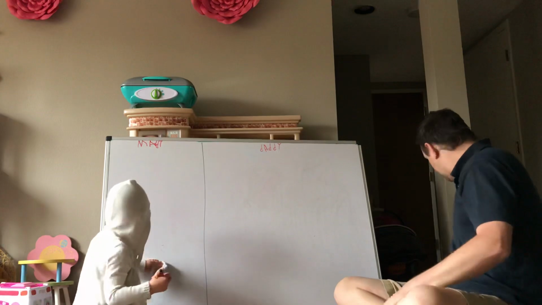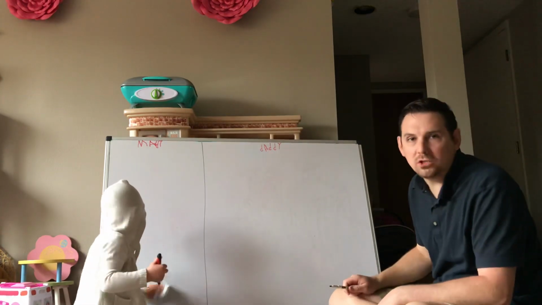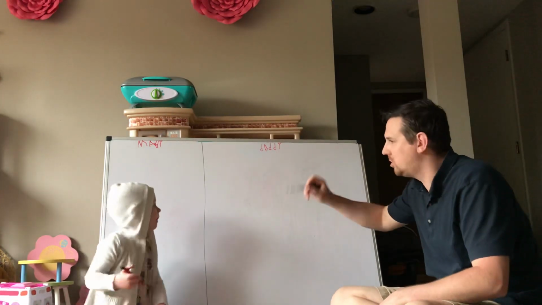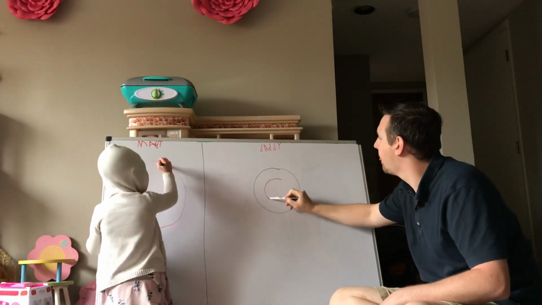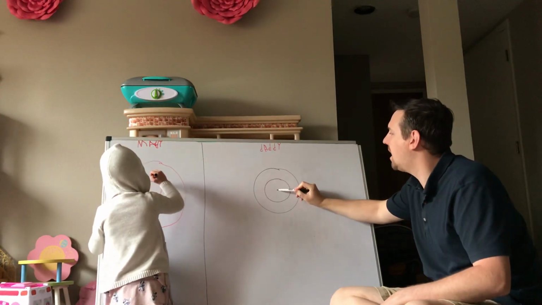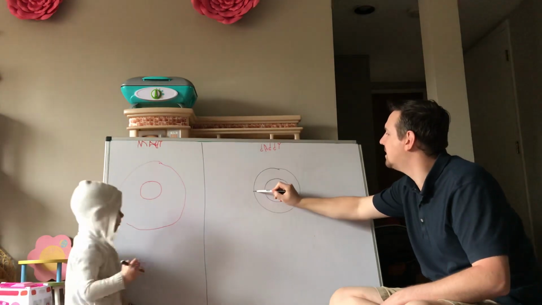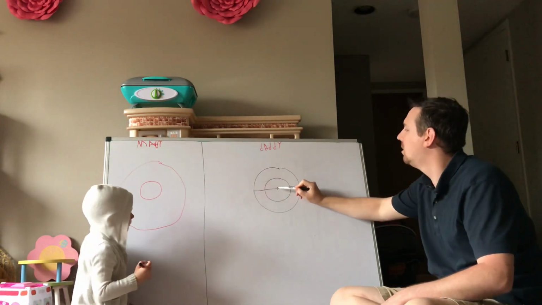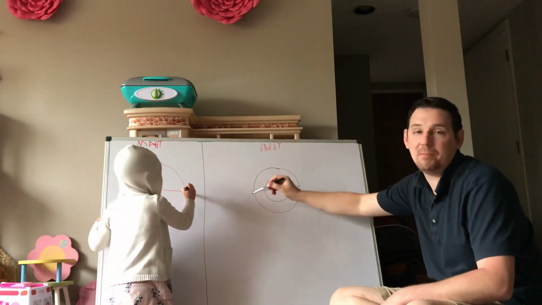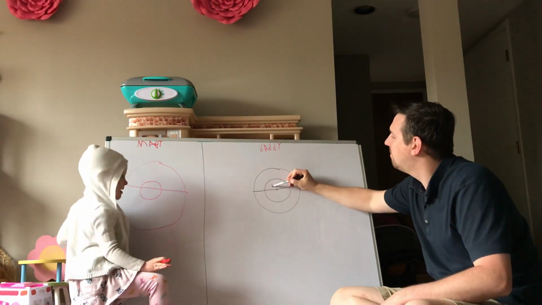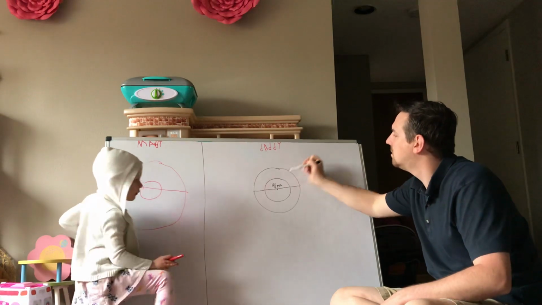Okay. Let's do one more donut one. Maddie, I want you to draw another donut. This time, I'm going to give you a diameter of the entire donut. We're going to say that diameter is 40 millimeters.